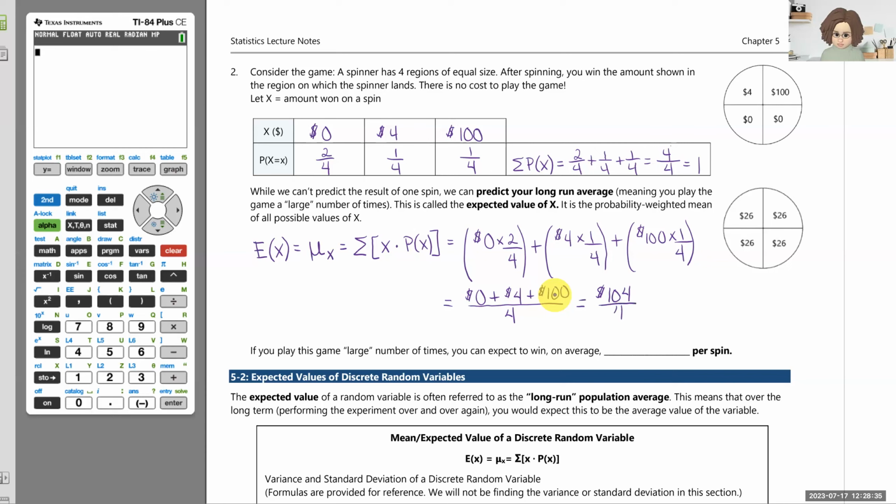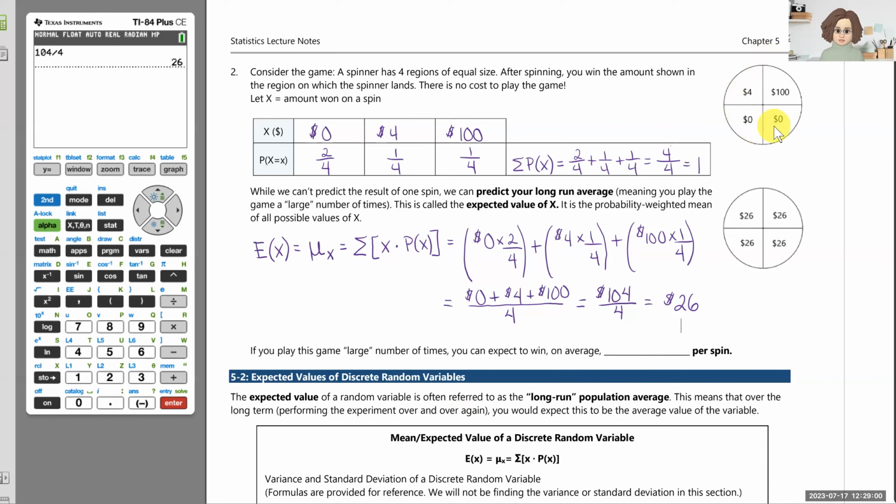So dividing by 4 is what's happening there. So if you had $104 and you got that by spinning 4 times, when we divide by 4, you're averaging out $26 per spin.